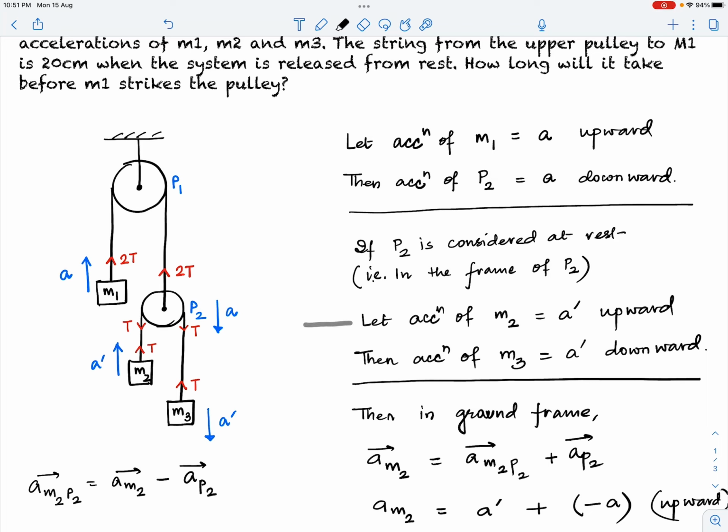If we assume that the acceleration of m2 is a dash upward, then the acceleration of m3 should be a dash downward. Mind you, these two accelerations that we have written here, a dash upward and a dash downward, are in the frame of p2 when p2 is considered at rest. So they are not the accelerations with respect to the ground, they are actually with respect to the pulley p2.